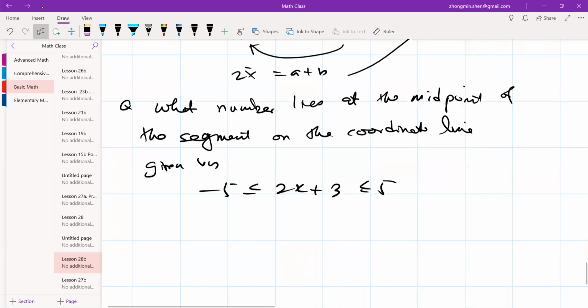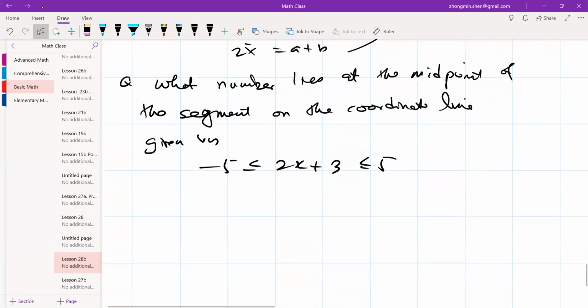What's the answer? Negative 3/2. Looks like negative 3/2, right? Maybe we can derive the formula like that, okay? So you have to solve the inequality, right?